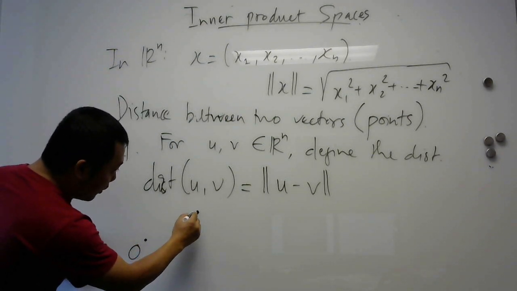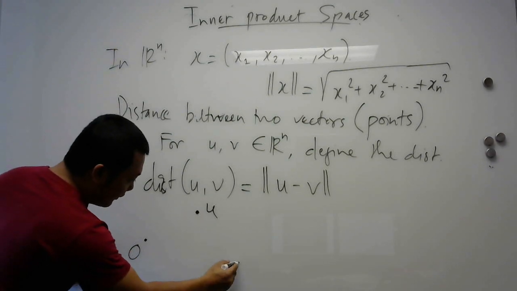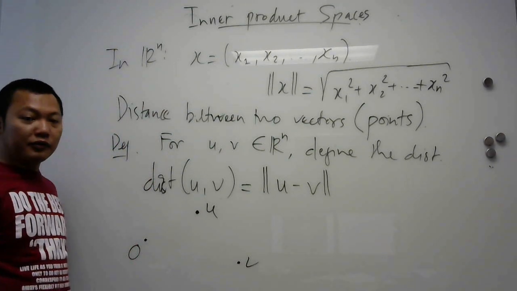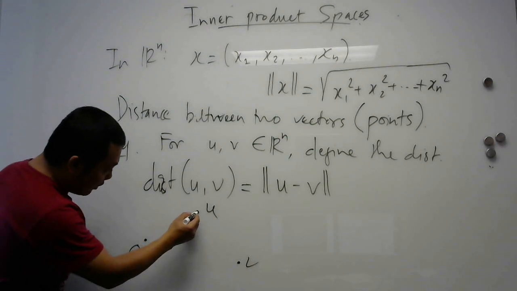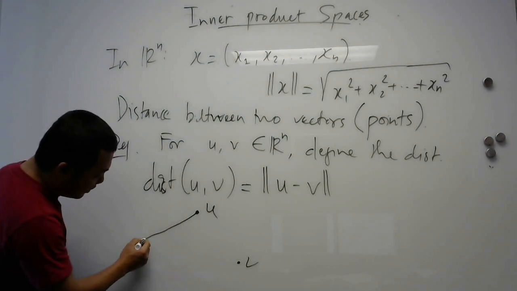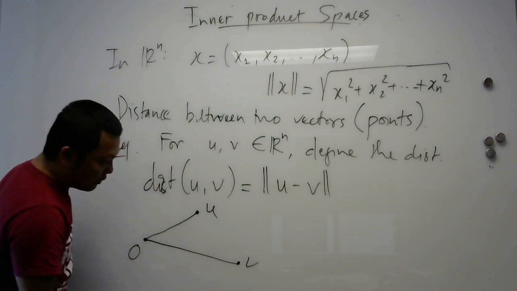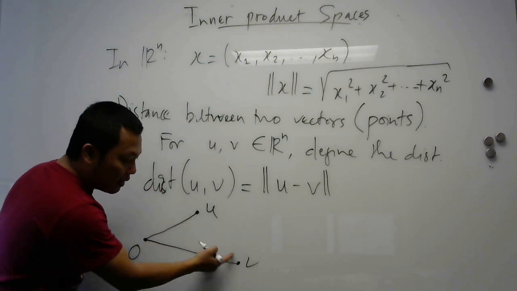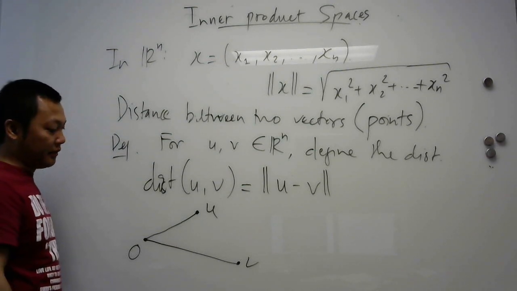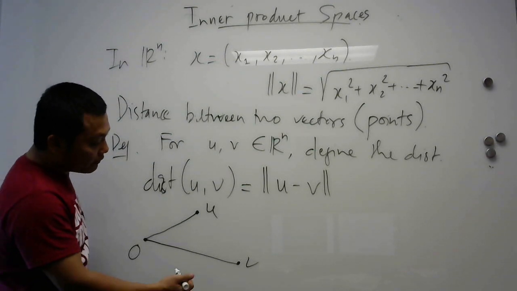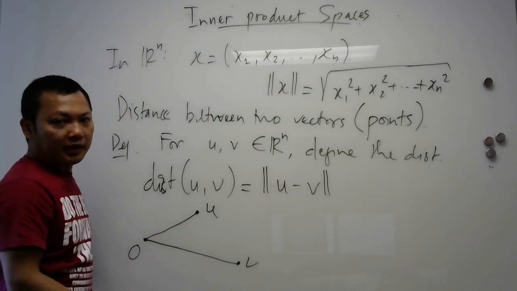I have one point u, and I have another point v in here. So basically, I have two vectors. I know how to measure the distance from the origin to u, and from the origin to v, and I want to measure the distance between these two points.